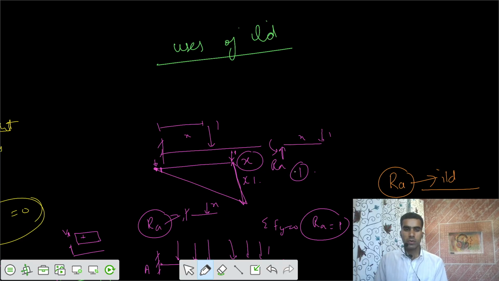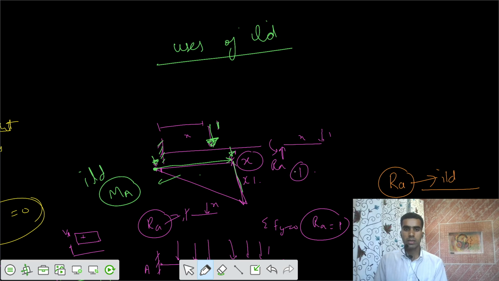From this one you can see, by moving the unit load along the length, this is the ILD for bending moment at A. If you move the load from this point up to this point, you see that if the load was here, the moment developed at this support was 0.